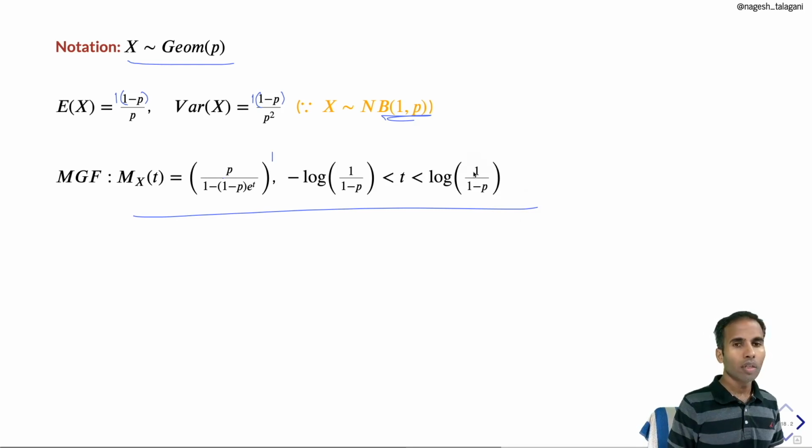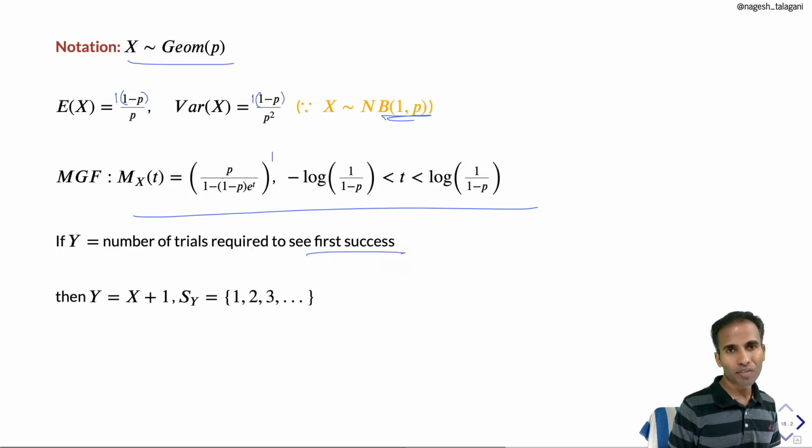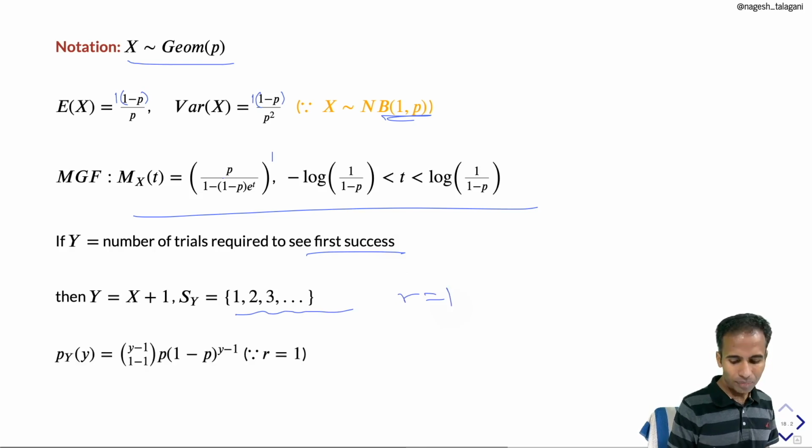Okay. Again, now if we are interested in Y, which is the number of trials required to see the first success, then Y is going to be X plus 1. So Y can take the values 1, 2, 3, and so on. Again, we can write down the PMF of Y: (y minus 1 choose 1 minus 1), here r equal to 1, something choose 0, which is 1, times p times (1 minus p)^(y minus 1).